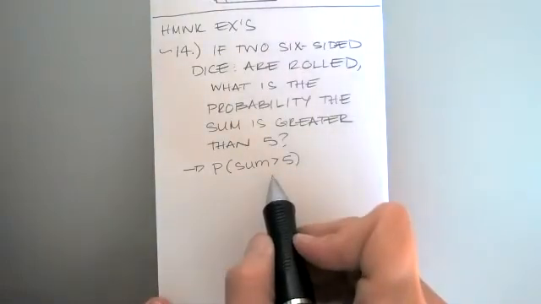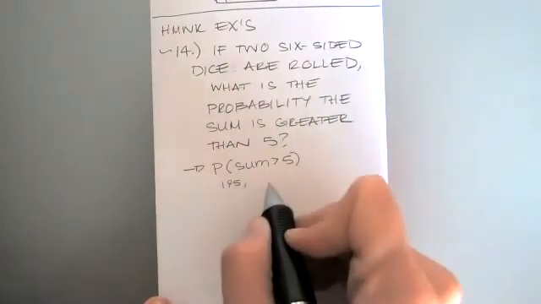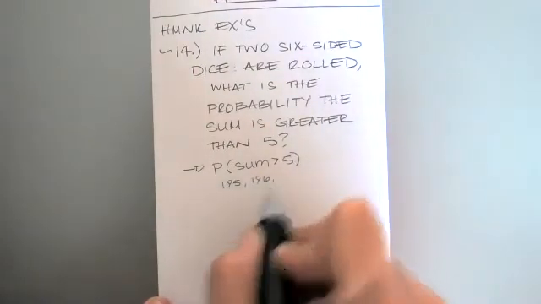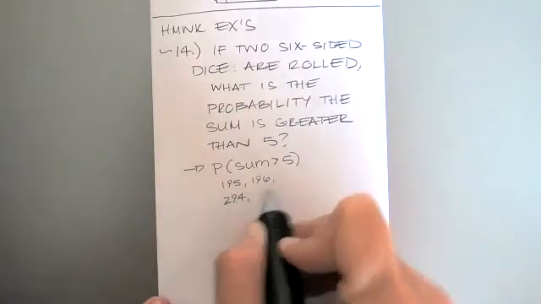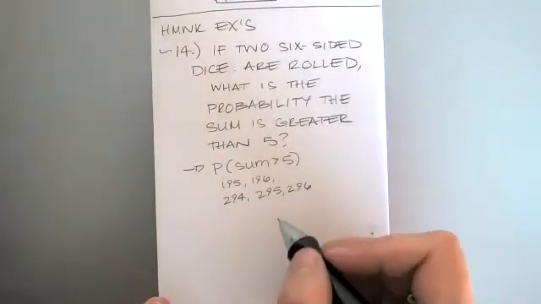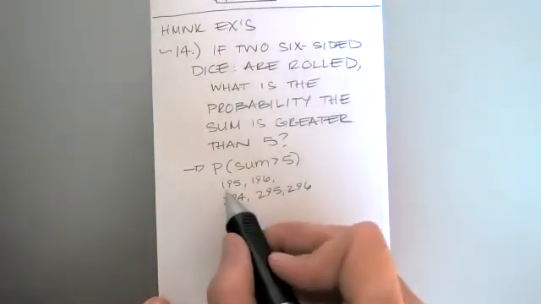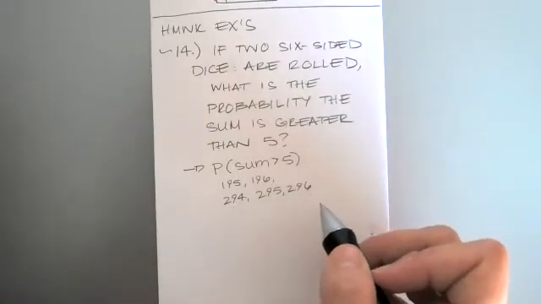So that means we could have 1 plus 5, 1 plus 6, 2 plus 4, 2 plus 5, 2 plus 6, right? So we've got 5 things and we haven't even considered what happens with 3s.